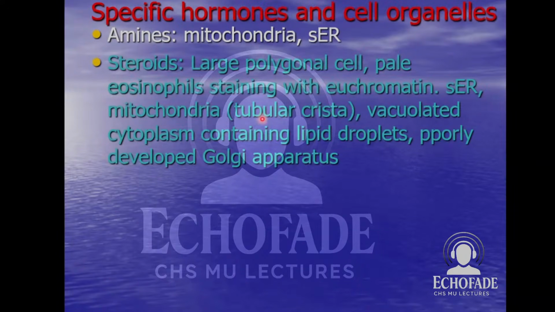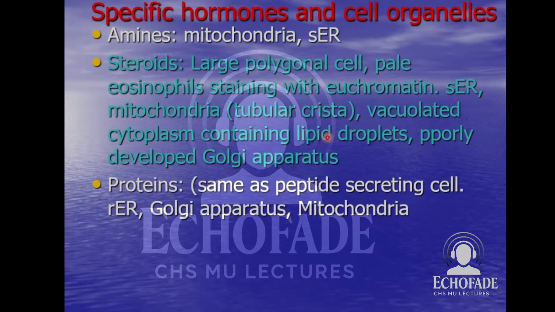The mitochondria is where the final formation of the hormone takes place. The Golgi apparatus is very poorly developed, because the hormone is not in vesicle form. The hormone is in lipid droplets.